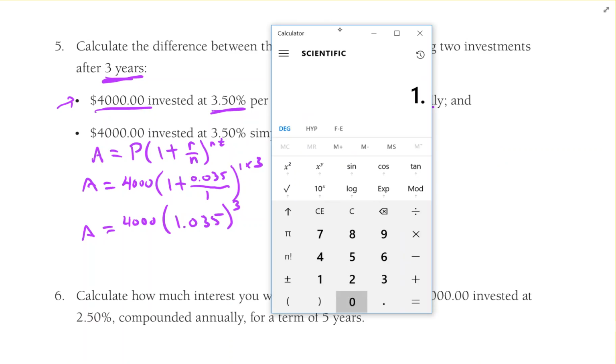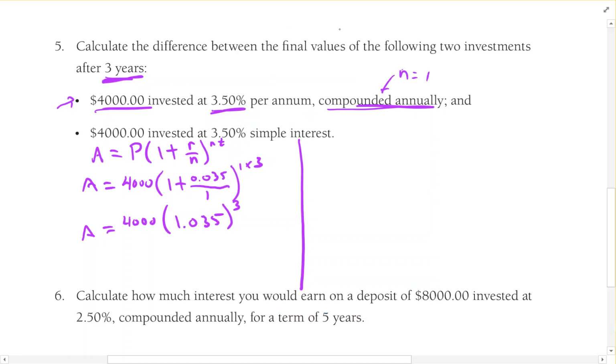So I'm going to go 1.035 x to the y, so that's my to the power of on my calculator, yours might look different, to the power of 3 is equal to that, times 4,000. So 4,434.87. Okay, so that's that one.